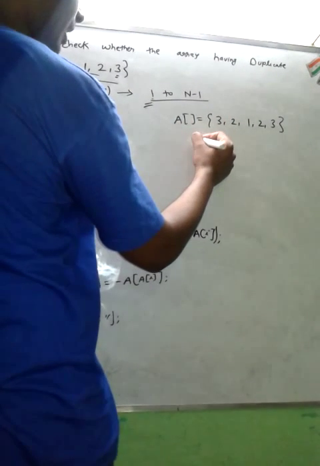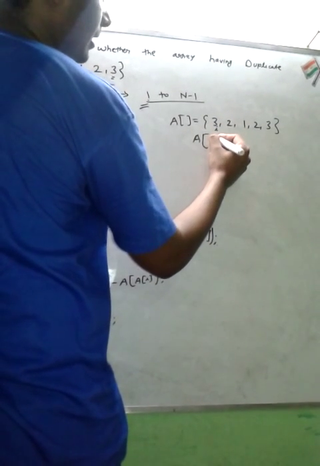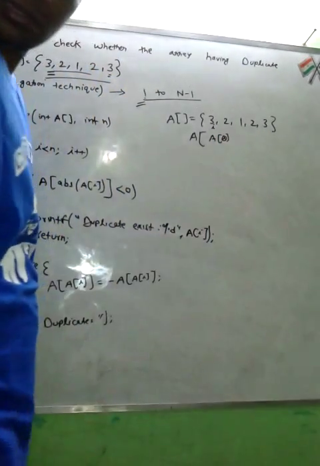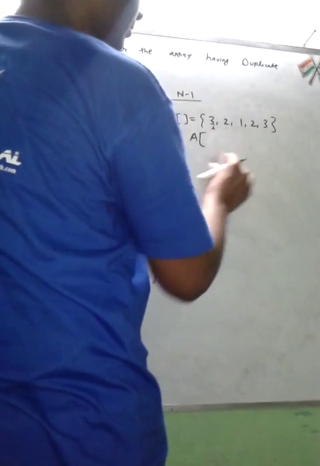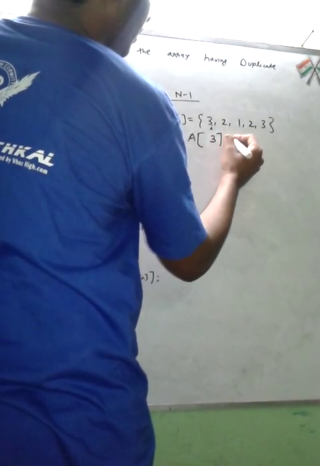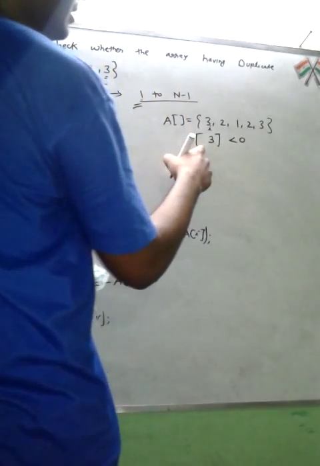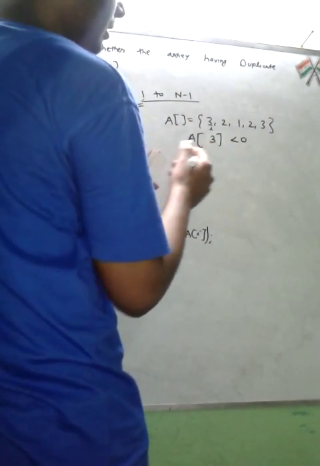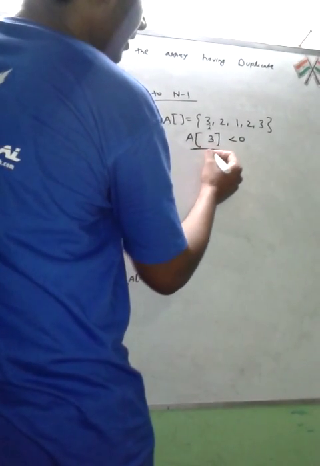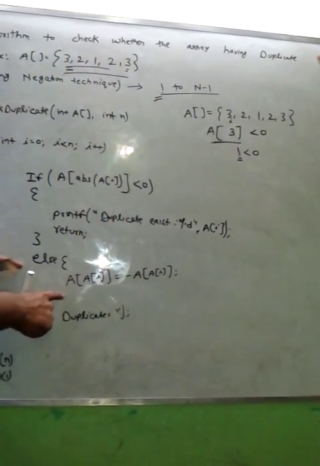Now a[i] is here, so i means 0, at the position of 0 is 3. Is a[3] less than 0? No, because at the position of 3 there is a 1, which is greater than 0, so it will go into the else part.